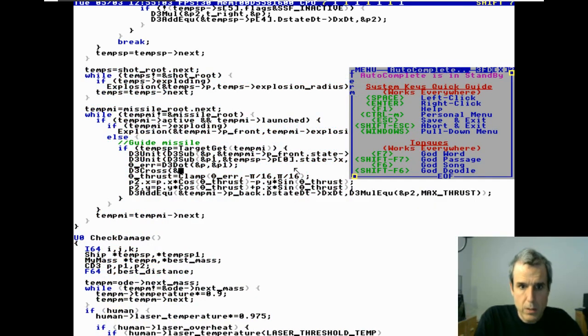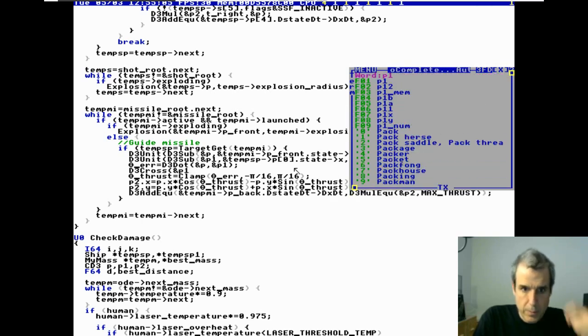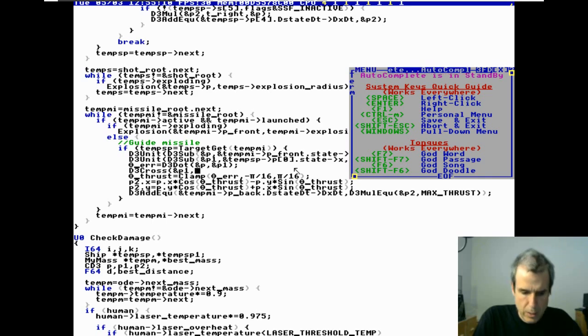So P1, P crossed with the velocity at the top.